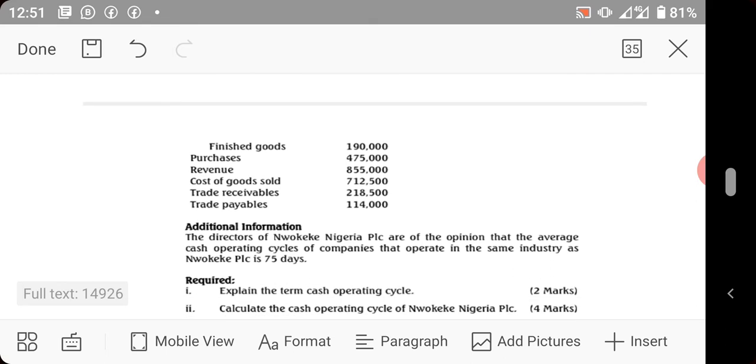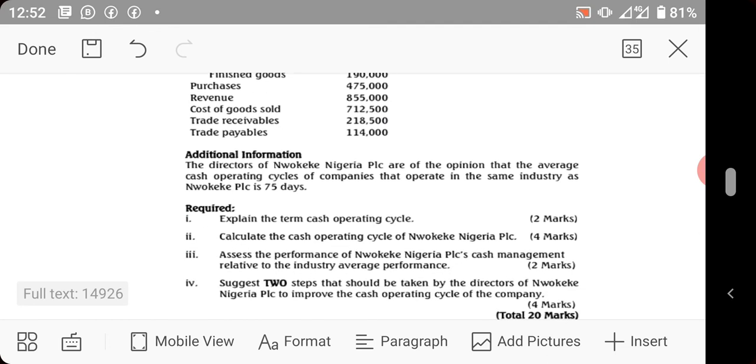Additional information: the directors of Nwokeke Nigerian PLC are of the opinion that the average cash operating cycle of companies that operate in the same industry is 75 days. You are required to explain the term cash operating cycle.